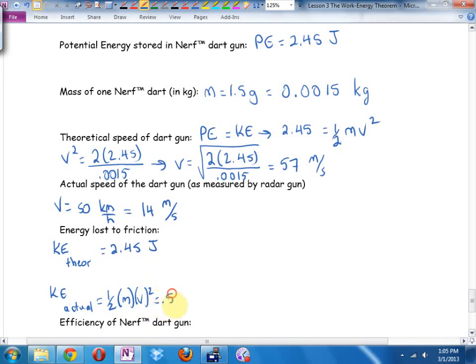It was 0.5 times the mass, 0.0015, times 14 squared. What was the actual kinetic energy we got out the other end? 0.15. Wow. We put in 2.5 joules, basically. We got out 0.15 joules.